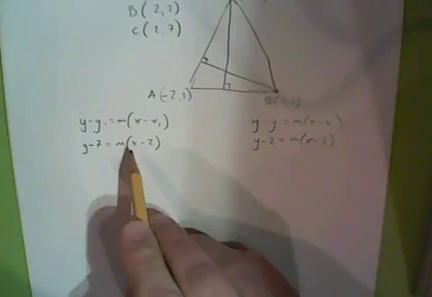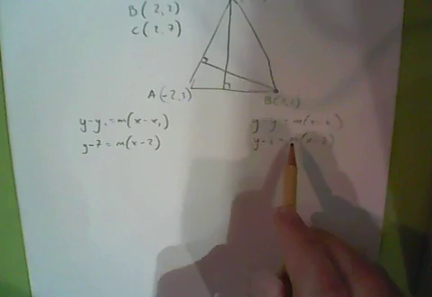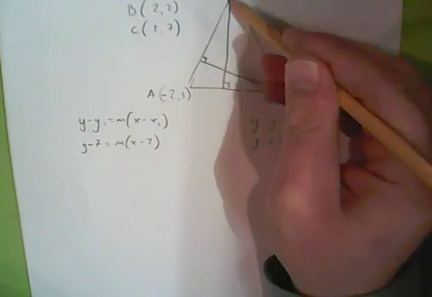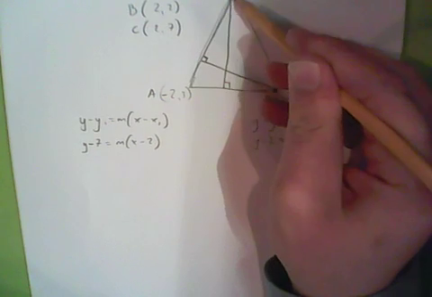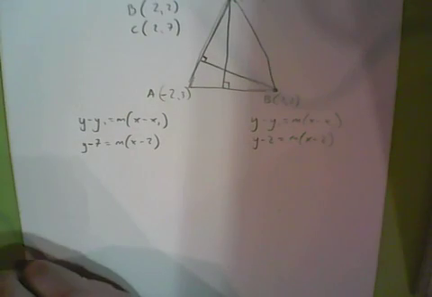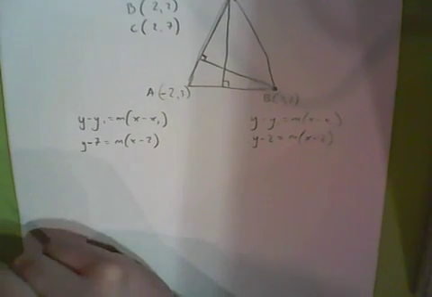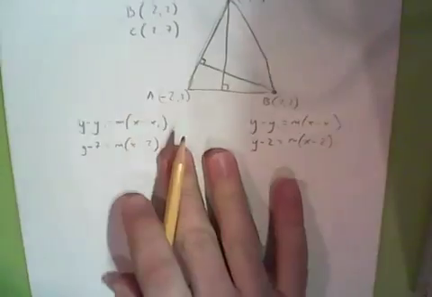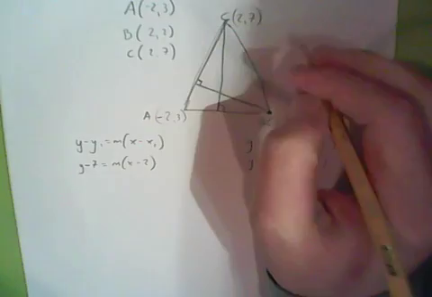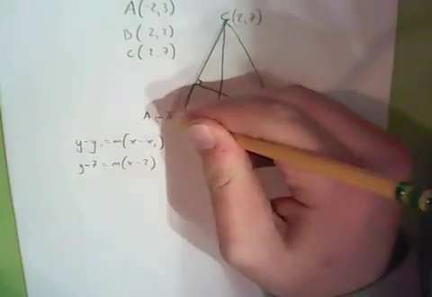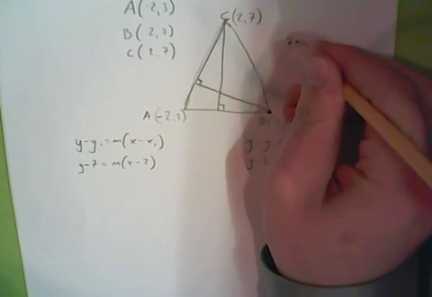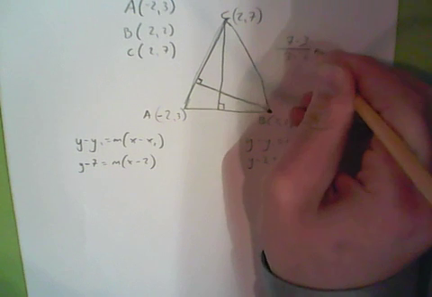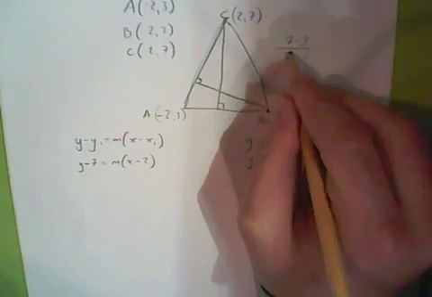Now on both of these, all I need to do is find the slope. To find the slope, for the one going through B, I know that I'm perpendicular to side AC. So if I find the slope of side AC first, then I'll be able to find the slope of this one, because it'll be the opposite reciprocal. Since AC goes through 2, 7 and -2, 3, I can find the slope by saying 7 minus 3 all over 2 minus -2, which is change in y over change in x.